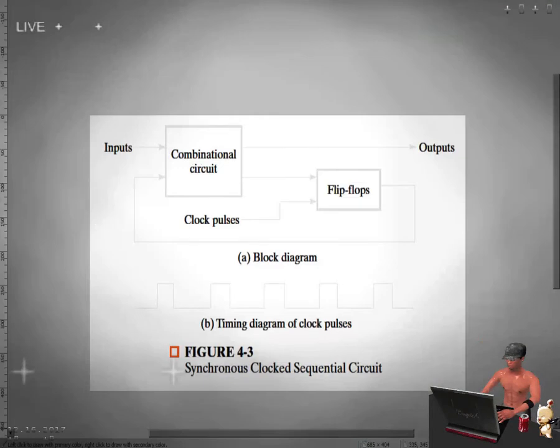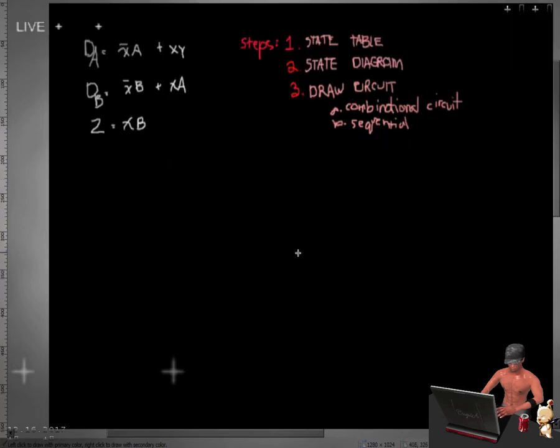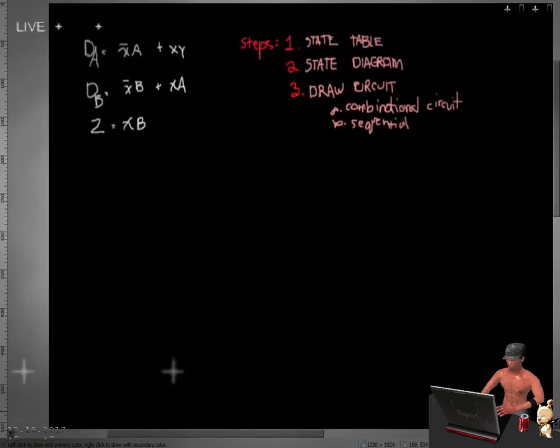This is a very long function that we're dealing with. Like I said, we deal with the input, the present state, then we have the next state and the output. The output is even more complex because the output is a function as well of X and B. So let's get started. Let's color code this.